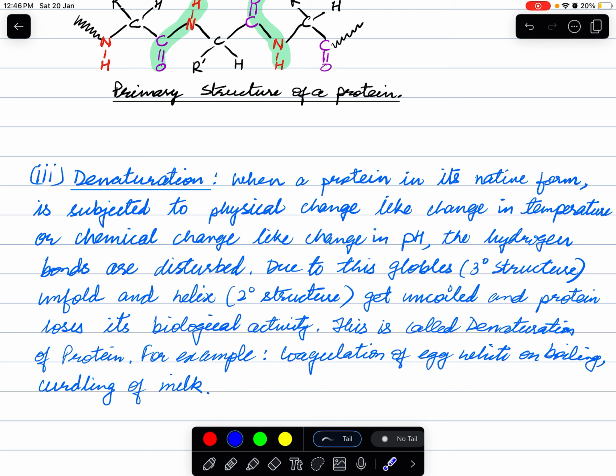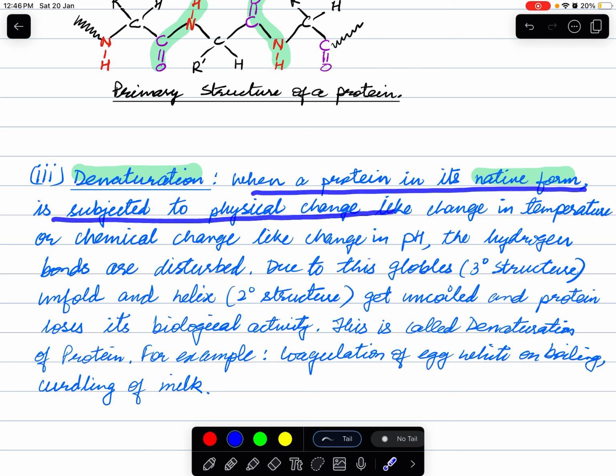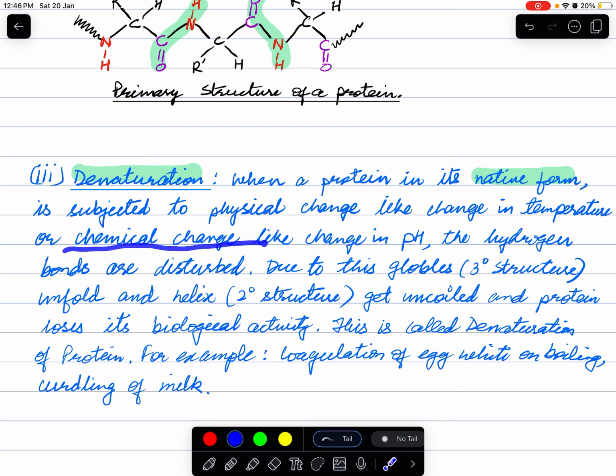So why does this happen? Every protein in its native form has a particular 3D structure, and according to that 3D structure it has a particular role. This 3D form of protein is called its native form, where it has some biological activity. When a protein in its native form is subjected to a physical change, like a change in temperature, as when we heat egg white, or a chemical change, like a change in pH, the hydrogen bonds are disturbed.